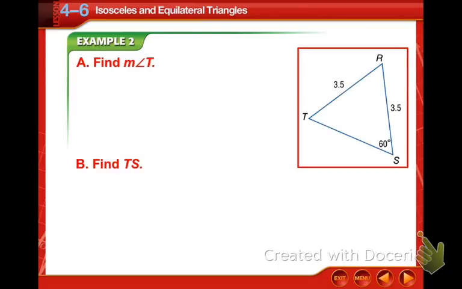Okay, our next one here, same idea, just different numbers. Once again, we know these two sides are congruent, so the angles opposite of them are congruent. So, since we know that the angle opposite of TR is 60, then angle T is also 60.